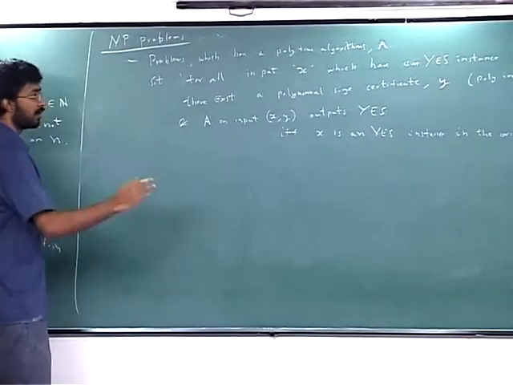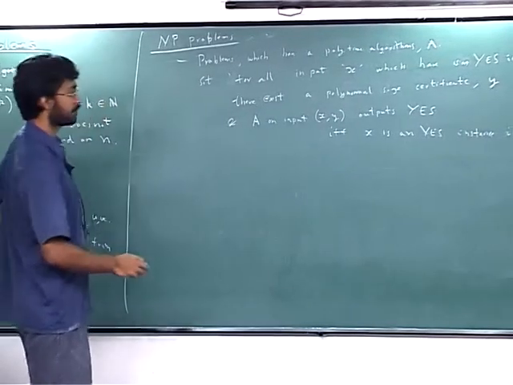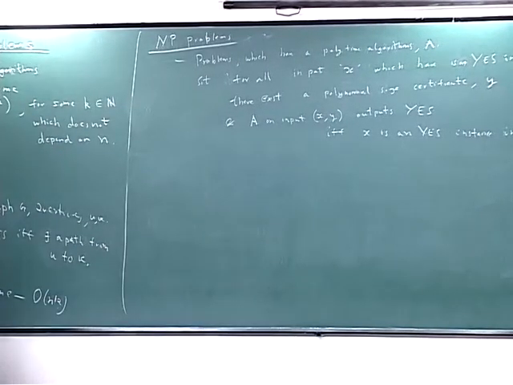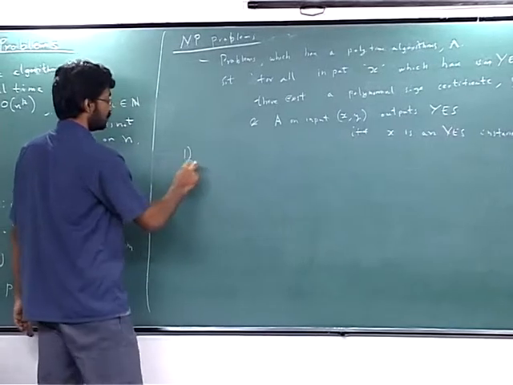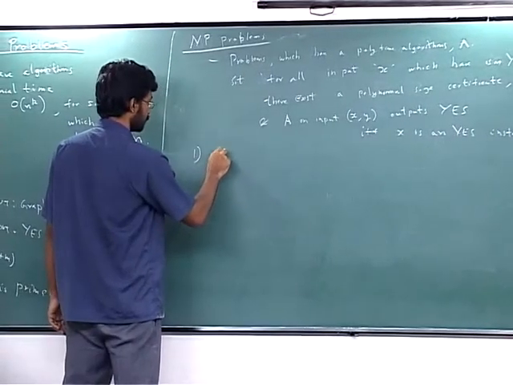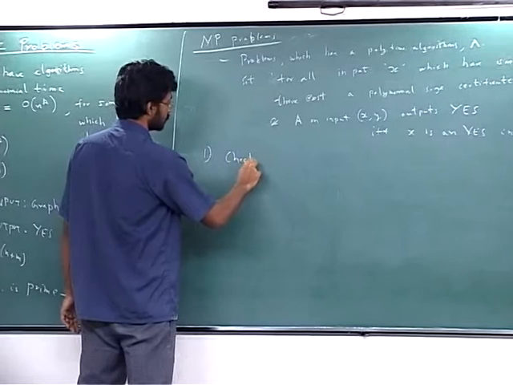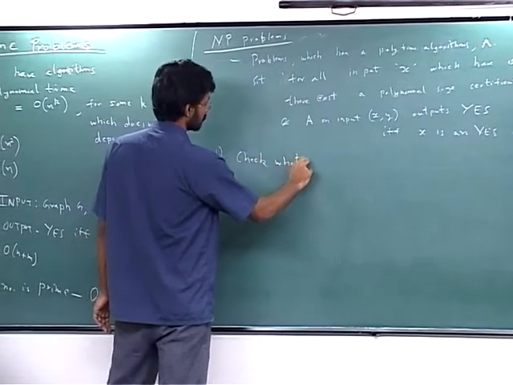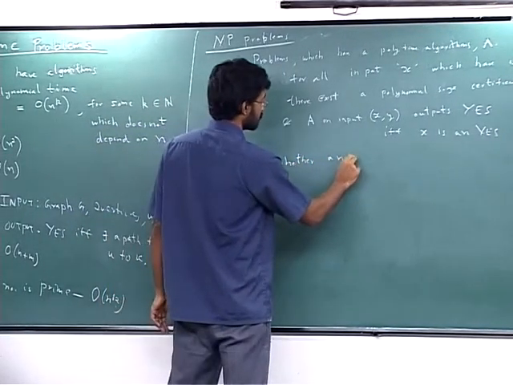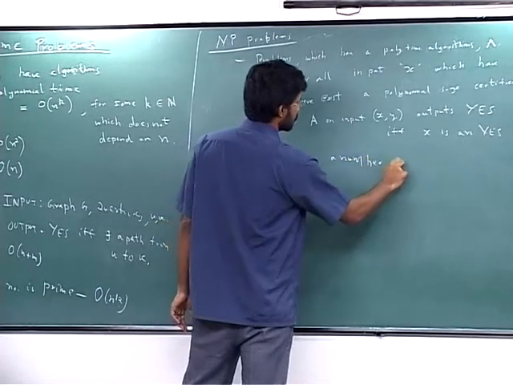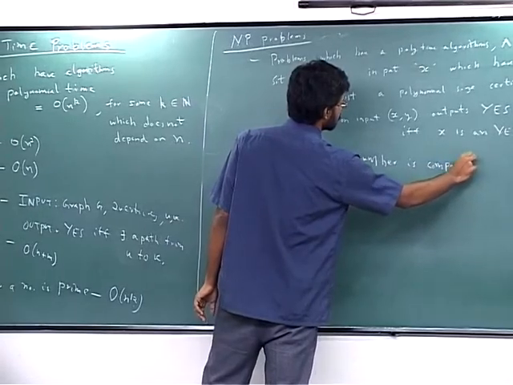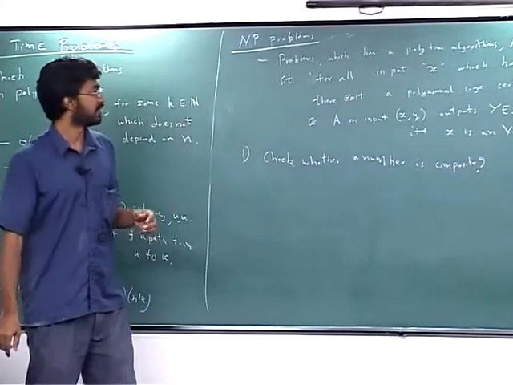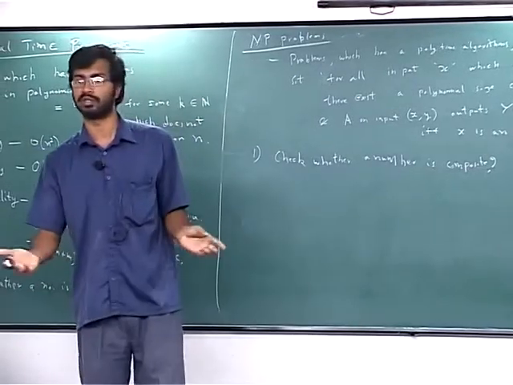Okay. So for Hamiltonian cycle, you know a certificate. Let's look at something else. For example, check whether a number is composite. You know what composite numbers are?